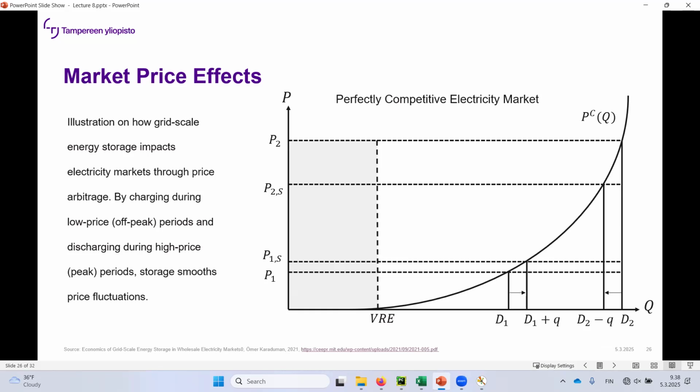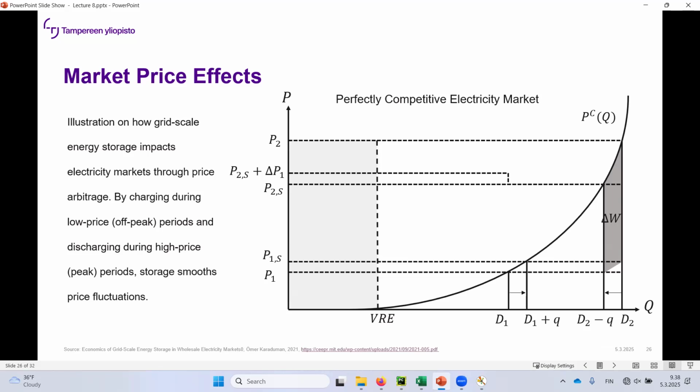So you can sell it at a lower price, but you're still going to make profit. This was referred to in this article as welfare: how much the electricity market benefits from this storage.